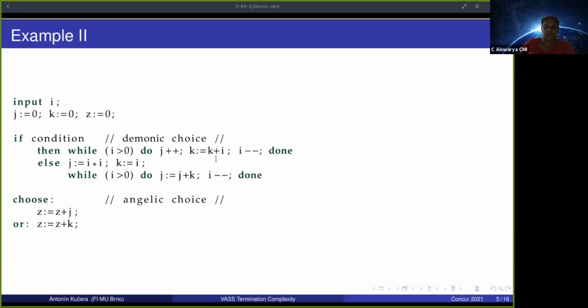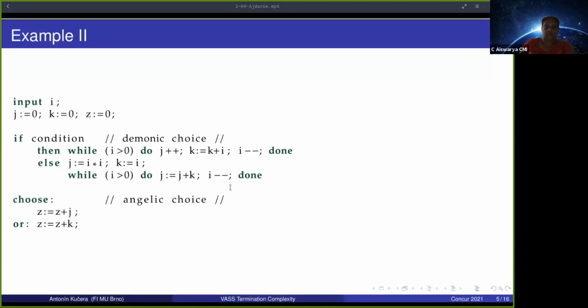In each branch, the values of the three variables are modified in some way. And when this if statement is completed, the program, or the controller of the program, continues by executing this choose statement. So now the controller may choose to execute either this or this statement, and the aim of the controller is to keep the value of z as small as possible.